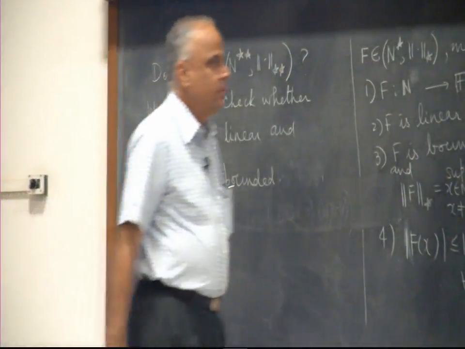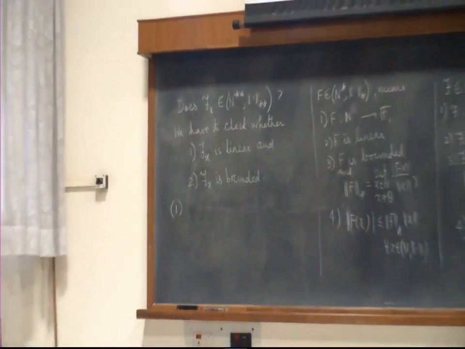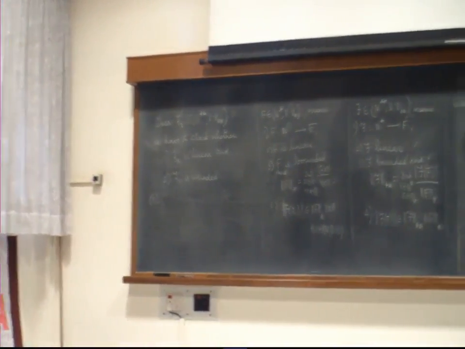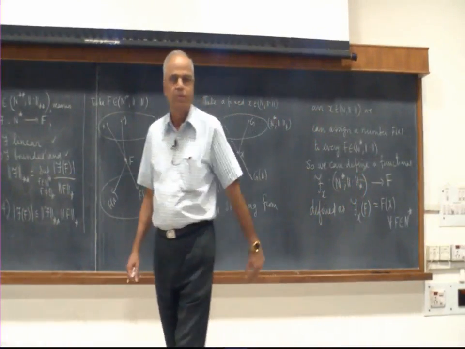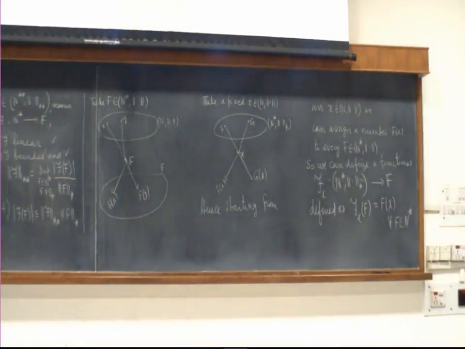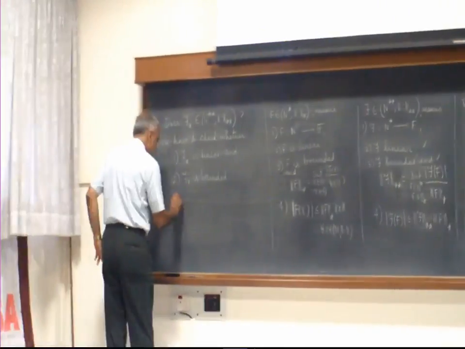So if I want to check that F_x is linear here, that means I must say that F_x of f plus g is F_x of f plus F_x of g, and the other one. So let us look at f and g.